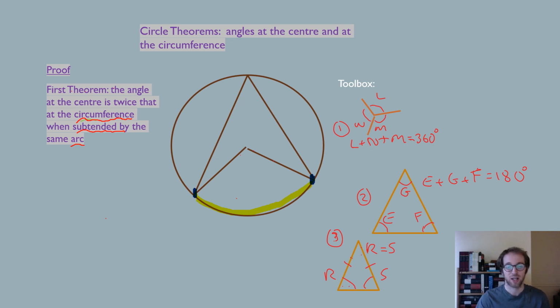So in this case, for these angles at the center and at the circumference to be subtended by the same arc, it means that they are created from these lines that come out of these blue endpoints, the endpoints of the arc.